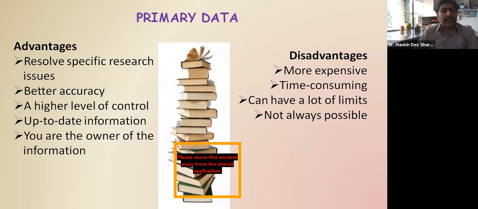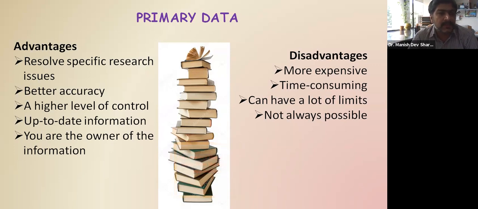Similarly, primary data also has certain advantages and disadvantages. The advantages are that we can resolve specific research issues, we can have better accuracy, a higher level of control, up-to-date information, and of course, more importantly, you are the owner of the information.